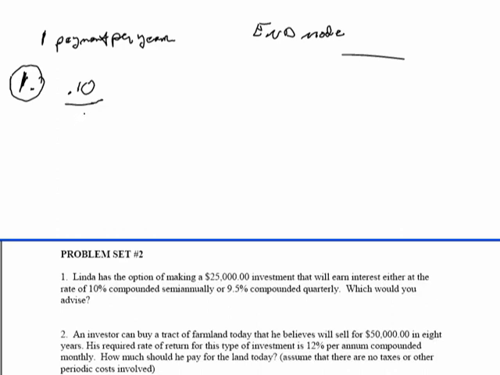Well, 0.10 divided by 2 is 0.05. So that's the interest rate for every 6 months, semi-annual. And I'm going to add 1 and raise it to the second power.